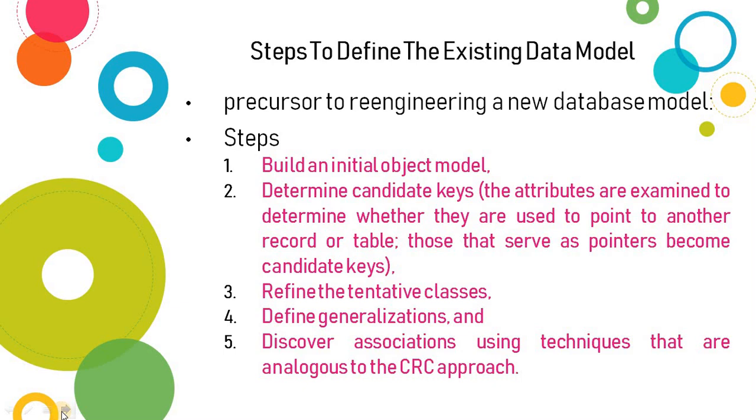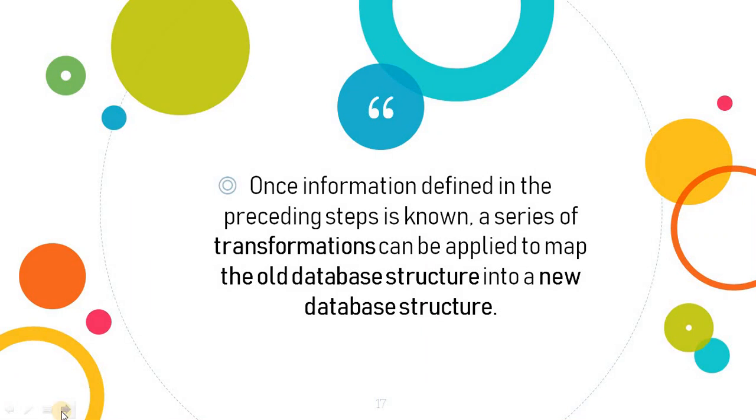By performing these steps, we will have a general idea about the data structure of the pre-existing product. From that information, we are going to design or refine the database of the product. So these steps are the precursors to re-engineering a new database model. After this, we will do a series of transformations, and from the old database structure, we will map a new database structure. That is the reverse engineering activity to understand data.